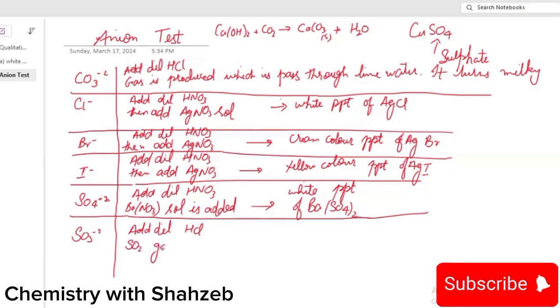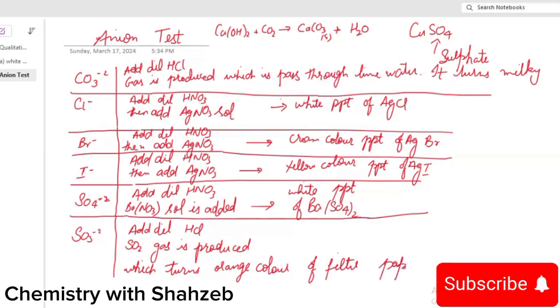Sulfur dioxide gas is produced, which turns the orange filter paper, soaked in potassium dichromate solution, to green.